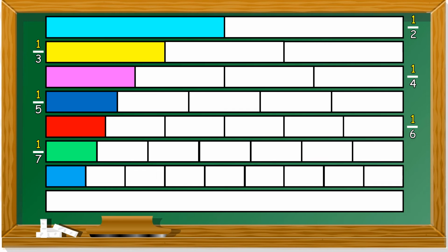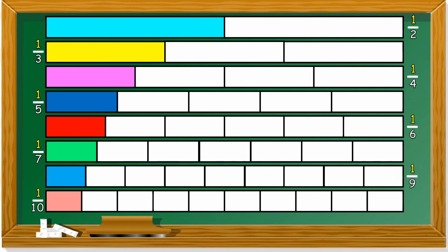How many parts? Not, okay, it's not 8. It's 9. You count. So it's 1 over 9. Last one. 1 over 10.